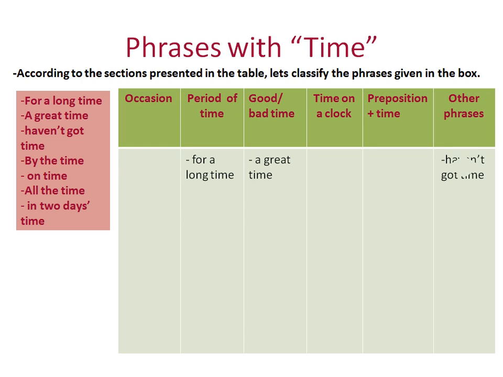The third phrase haven't got time. It goes with the last group اللي هو other phrases لأنه if you check it doesn't really go with any of the first phrases فأكيد it goes with the last group اللي هو other phrases.